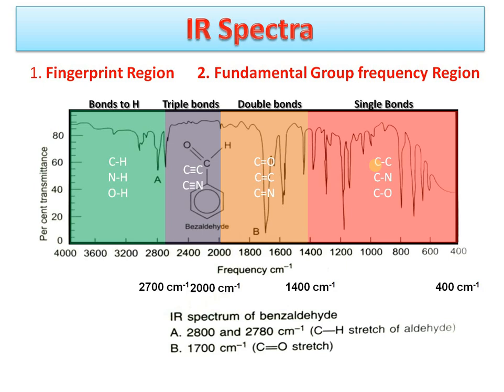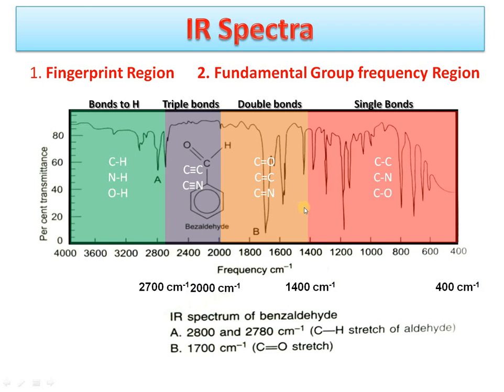This is the IR spectra of benzaldehyde, and the functional group present in benzaldehyde is nothing but the C double bond O H. In this spectra of benzaldehyde, the peak obtained around 1700 centimeter inverse will indicate the presence of aldehyde group in the given compound, while the peaks near 2800 centimeter inverse will show the presence of hydrogen atom connected to the C double bond O, and it will indicate the presence of aldehyde group in the given compound.